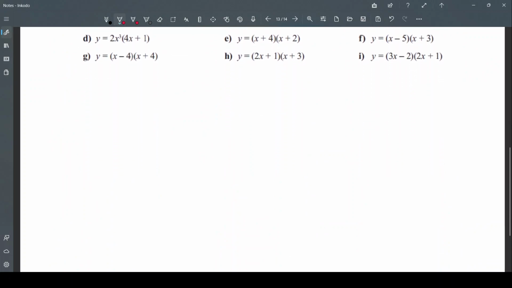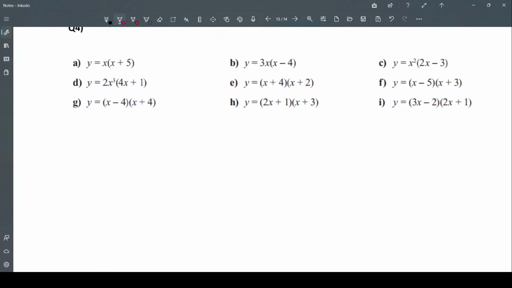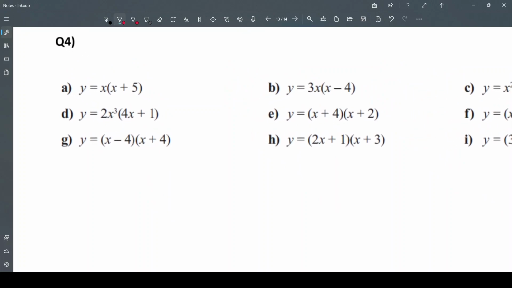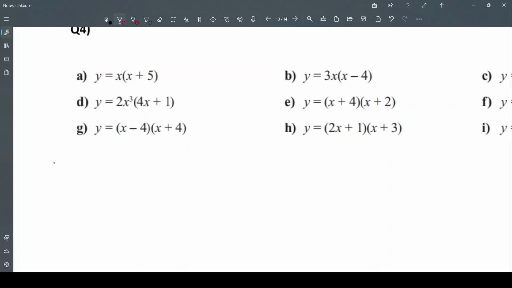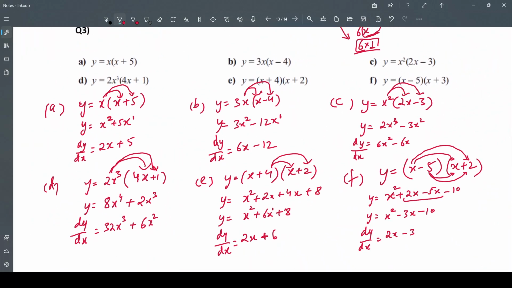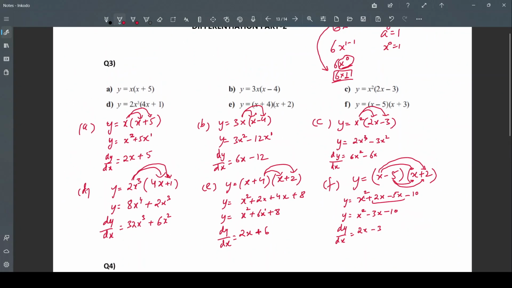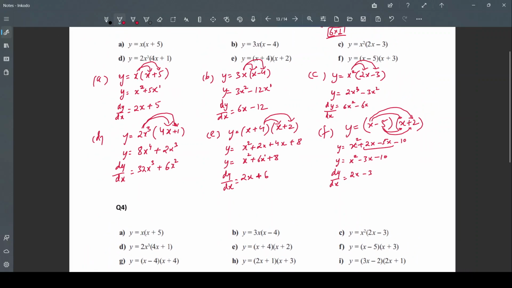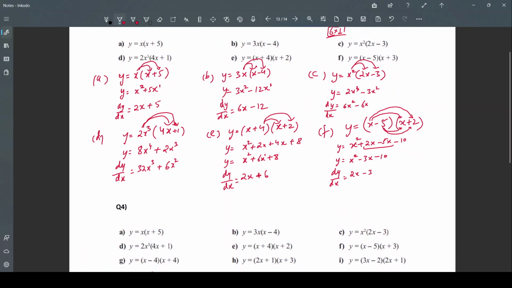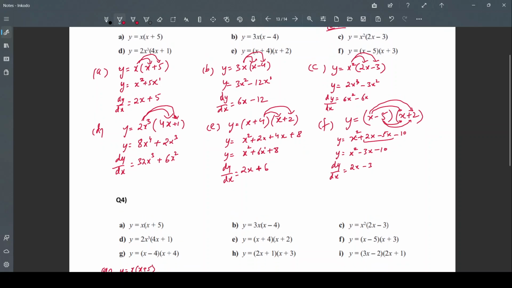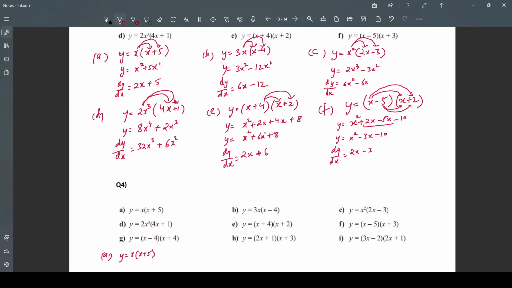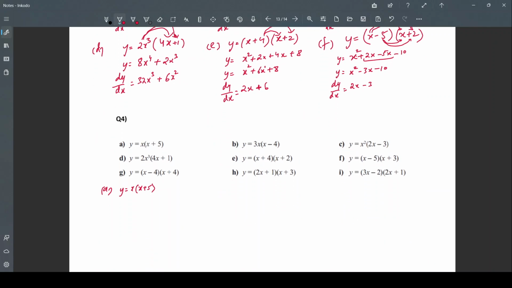So we'll do these questions one by one. We have to simplify these further. For the A question, y equals x into x plus 5. Are these questions matching? Yeah, these questions are matching, so we'll not do these. I think A, B, C, D, E, F are matching.